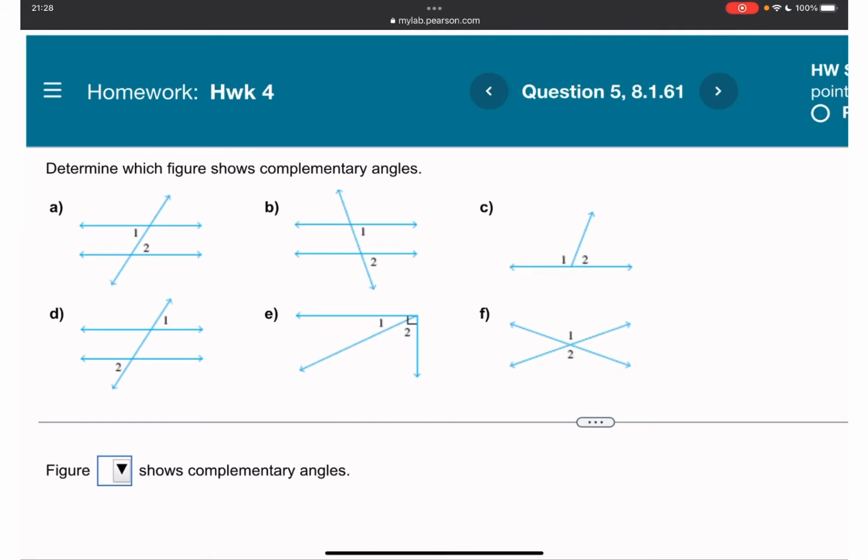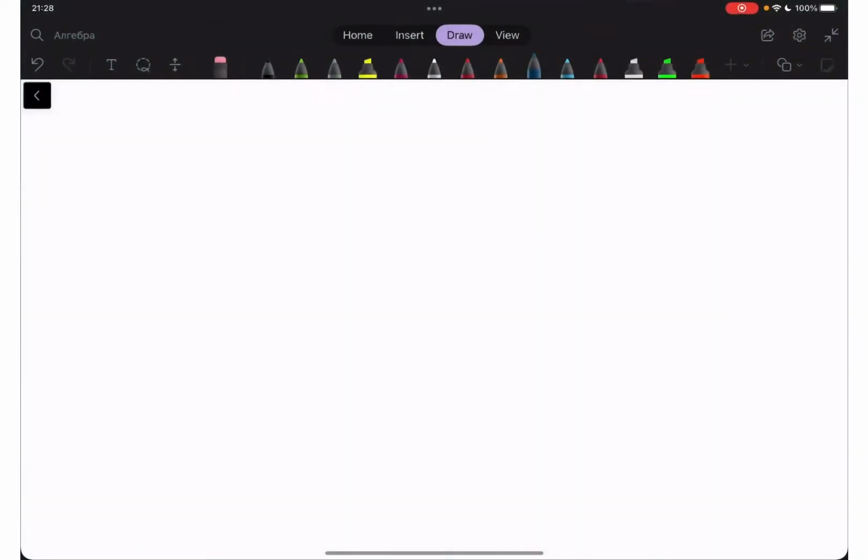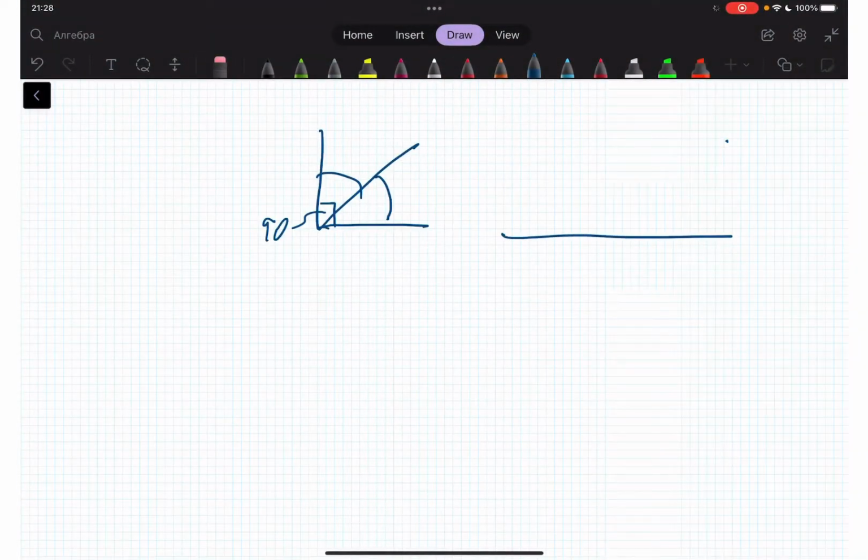But if the sum of these angles makes 180 degrees, like this one, this is 180 degrees, but we have one angle and another angle, right? In that case, we call it supplementary.